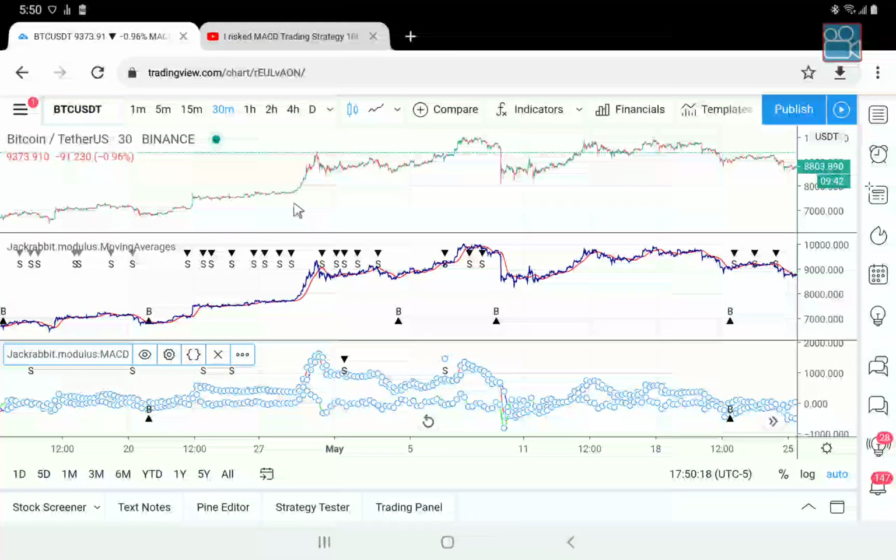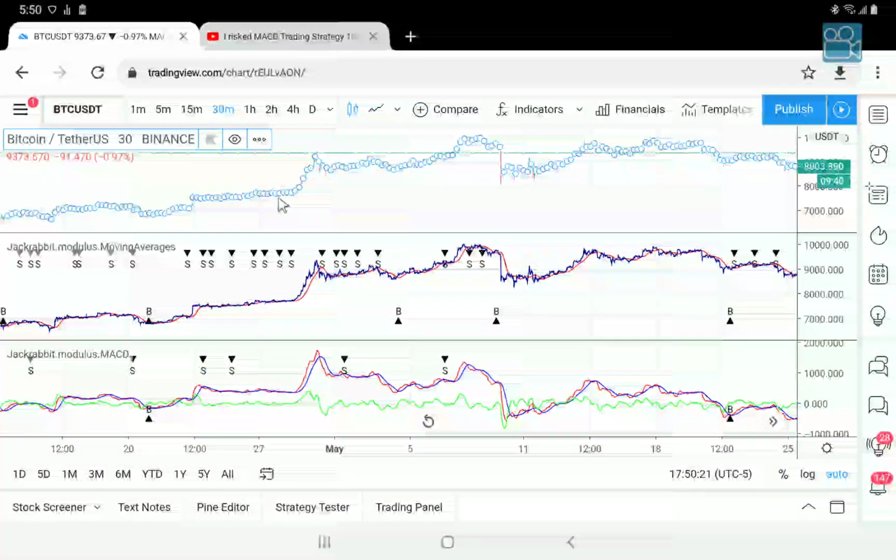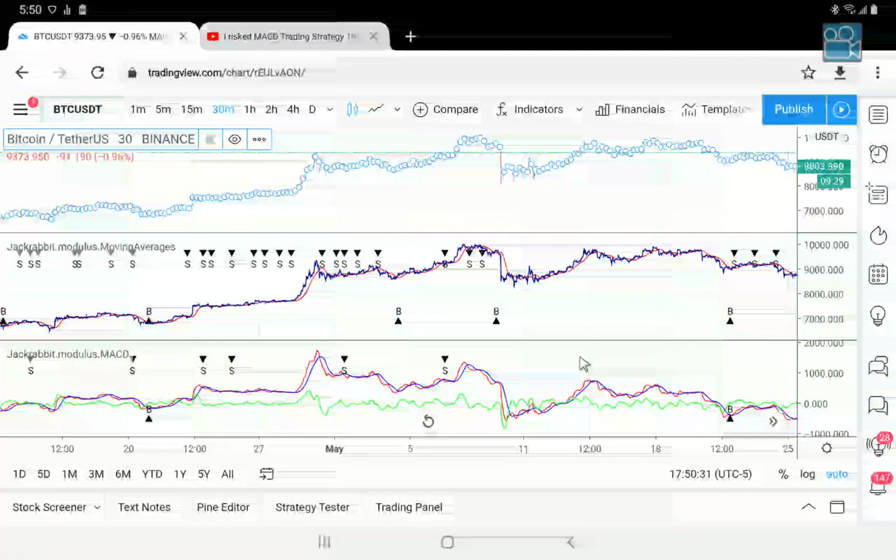That's it. And you have the results here. Test it. Put it in a paper trader, try tweaking it, see how it works, but I think you will find this to be a very nice, neat little tool to have in your arsenal.